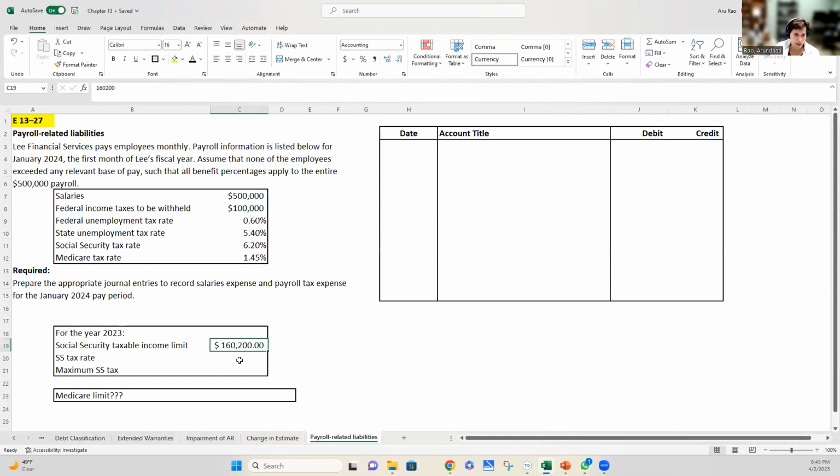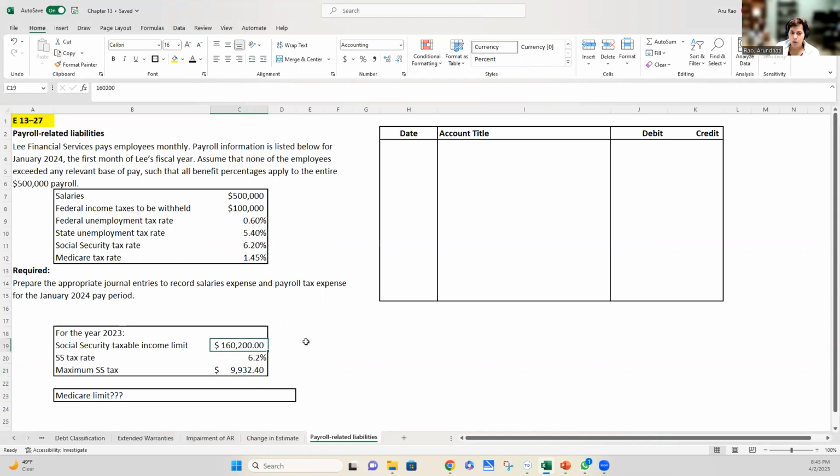So the first 160,200 that you make is subject to, wait for this, 6.2%. If you're self-employed, you're subject to 6.2 plus 6.2, the total amount. So the maximum tax one could pay is $9,932.40.